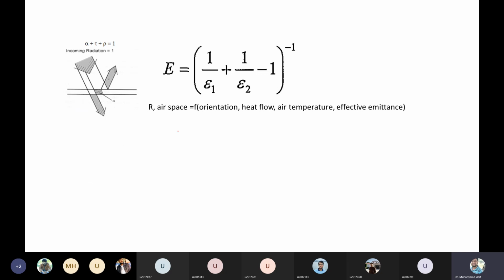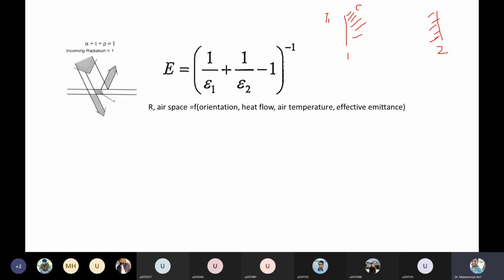Similarly, there is a concept of the effective emittance, right? Effective emittance is basically the emittance because of the two surfaces, which gives you the equivalent emittance. Any surface that has a certain temperature has radiation. If the human body has a certain temperature, it will emit radiation, right?